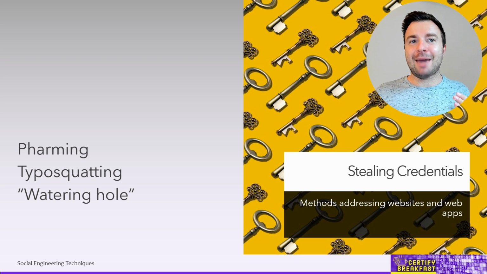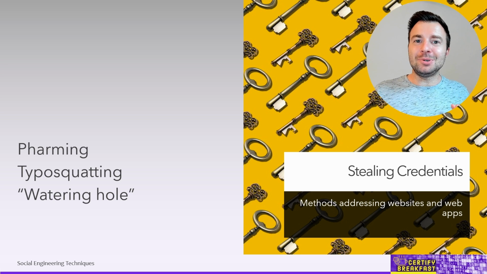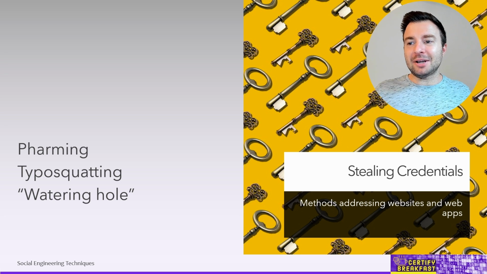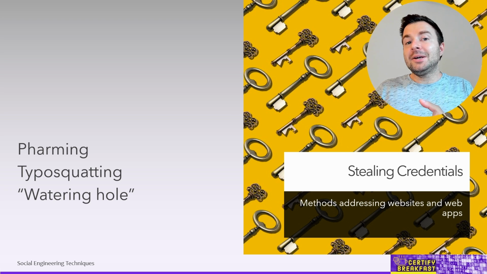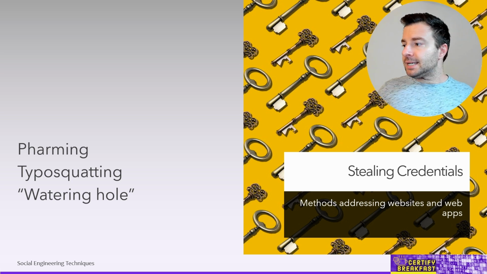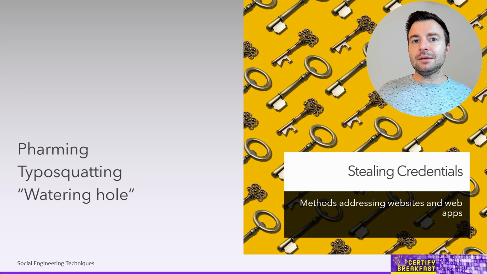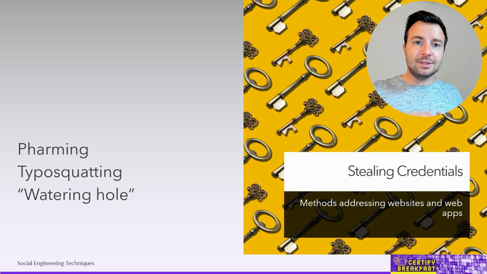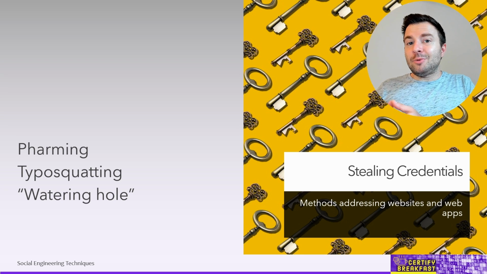And another type of attack is called the watering hole attack. It refers to the habit of wild animals who periodically gather around watering holes in order to drink water. Well, that also might happen inside of a company. Let's say everybody in a company frequently visits the same pizza delivery website, right, in order to order pizza for somebody's birthday or for lunch. All right. If you know that a lot of people in the company use from time to time that website as a watering hole, what do you think?